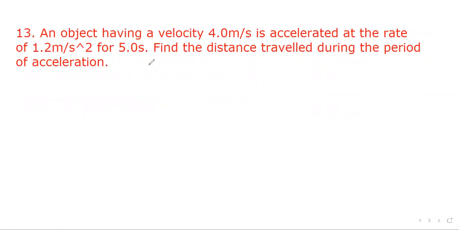Question number 13. An object having velocity 4 meter per second is accelerated at the rate of 1.2 meter per second square for 5 seconds. Find the distance traveled during the period of acceleration. So S equal to ut plus half at square, u equal to 4 meter per second, a equal to 1.2 meter per second square, and t equal to 5 seconds.